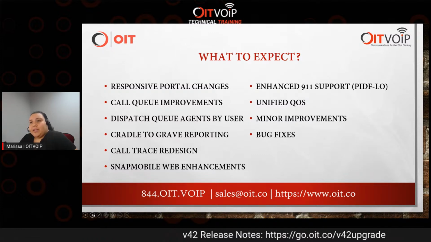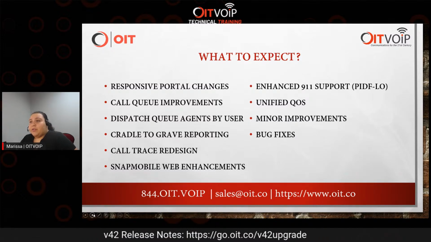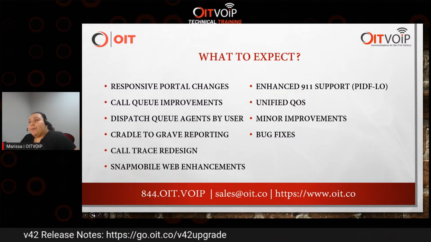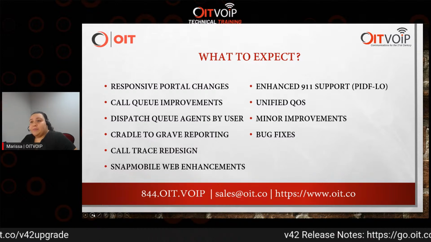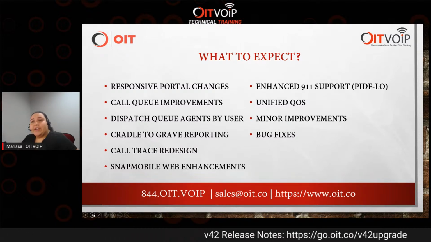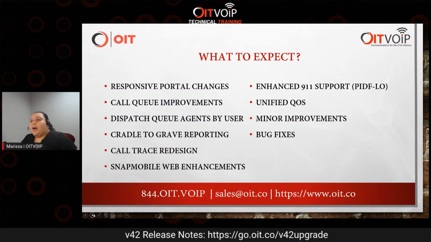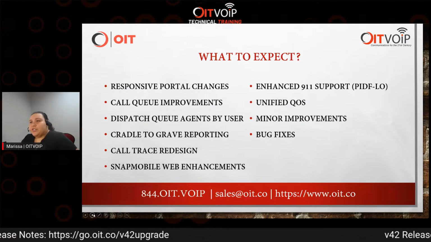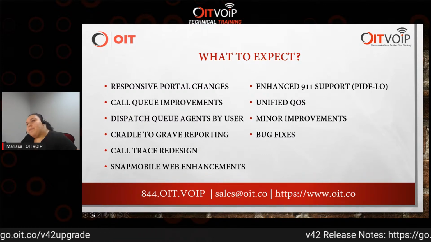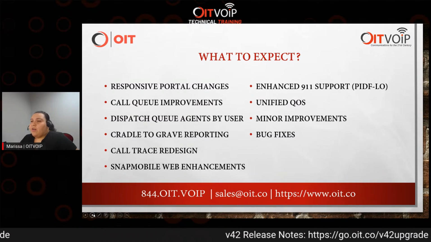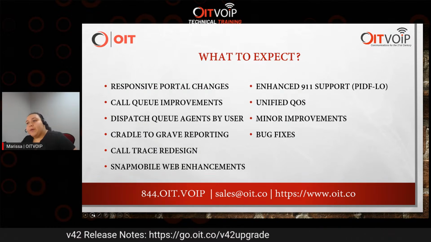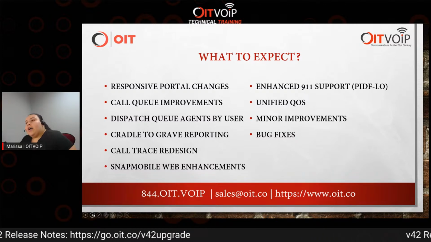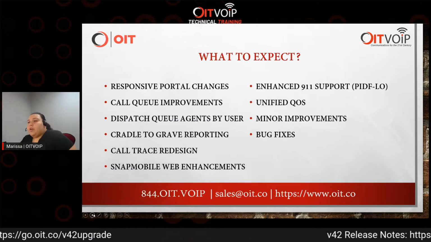I do also want to take a minute to talk about just some other things in v42. v41, one of the really great things about it was a lot of features that had come into play, not just with Snap HD and native fax, but also a bunch of additional features with call center additions and user management and things like that. v42 really focuses on not just adding new features, but major bug fixes and improvements in the general usability of the platform.